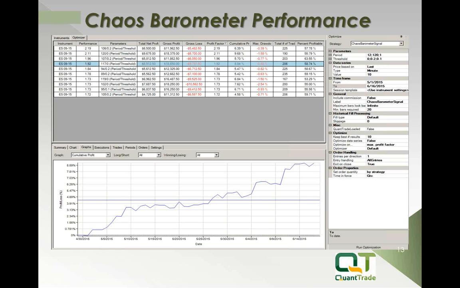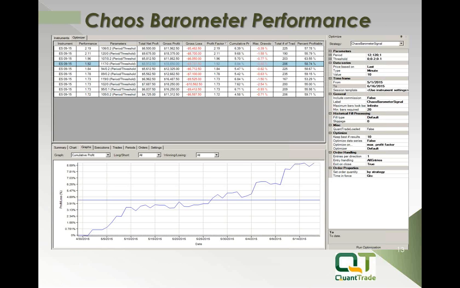All right, this slide here, it's just another equity curve that was generated using the Chaos Barometer. The key difference here is that it's strictly the Chaos Barometer itself, and the Chaos Barometer uses two different input parameters. That's it.